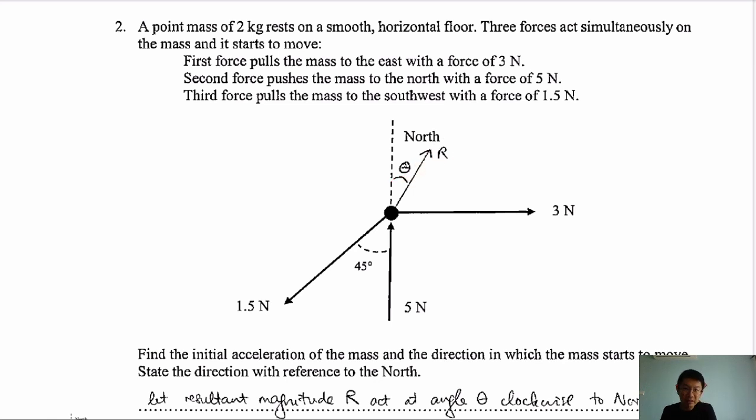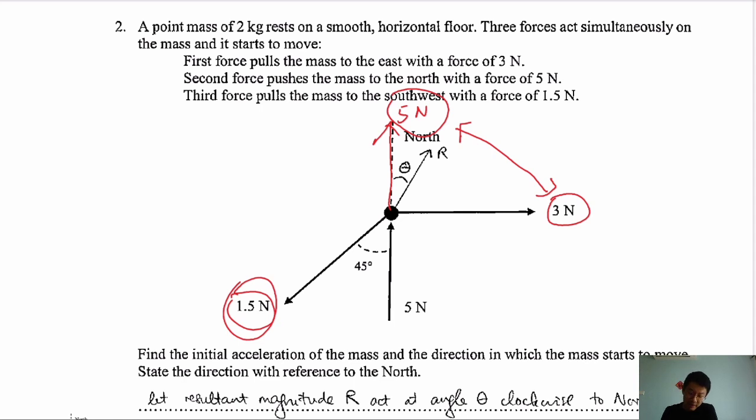So why do we know the resultant is there? If you look at the magnitude of the forces, we have a 3 Newton force to the right, and another 5 Newton force up. If we look at these two forces, the 5 Newton and the 3 Newton, compared to the 1.5 Newton in this direction, the two forces are greater than the 1.5 Newton force.